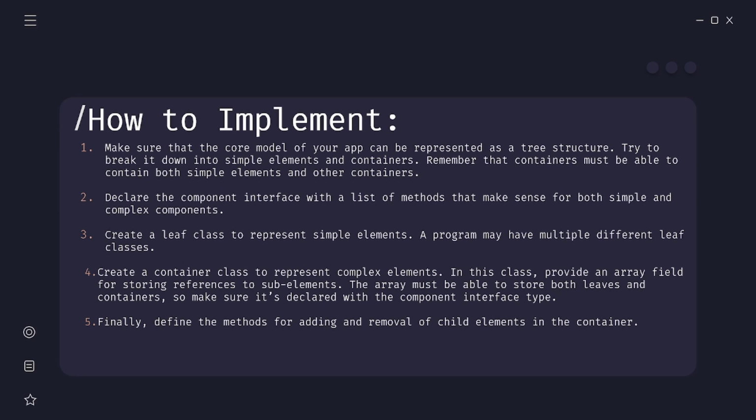In this class, provide an array field for storing references to sub-elements. The array must be able to store both leaves and containers, so make sure it is declared with the component interface type. Finally, define the methods for adding and removal of child elements in the container.